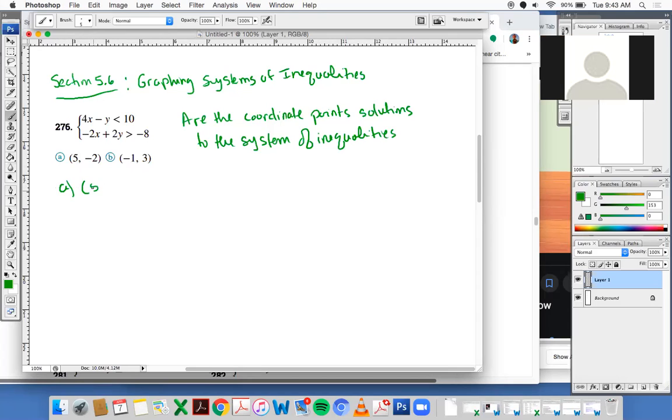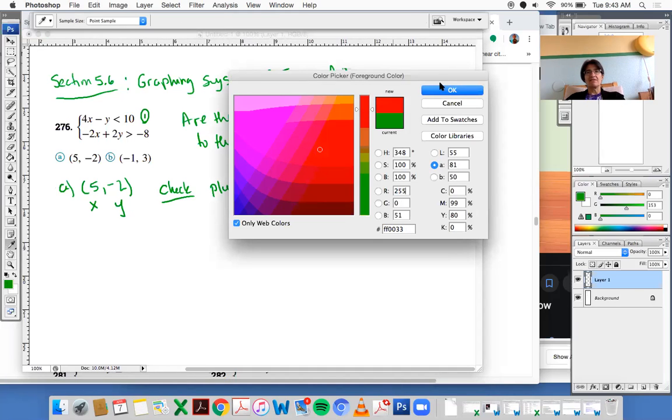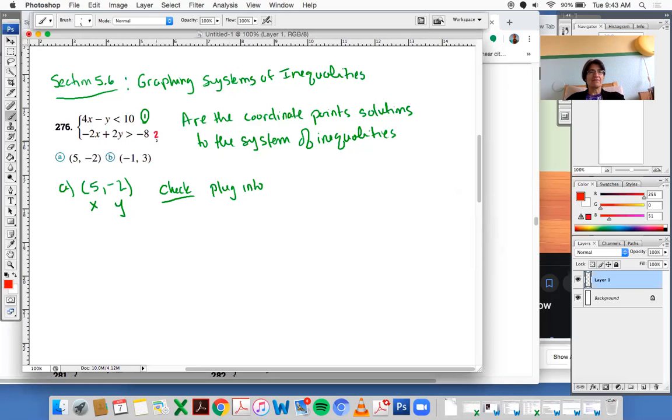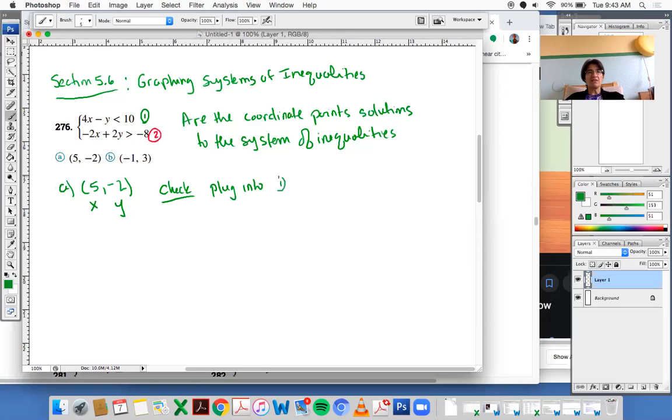For part A, we're given this coordinate point. So x is 5 and y is -2. We're going to check by plugging into both inequalities. I'll call this one 1, and this one 2. Let's plug into the first inequality.